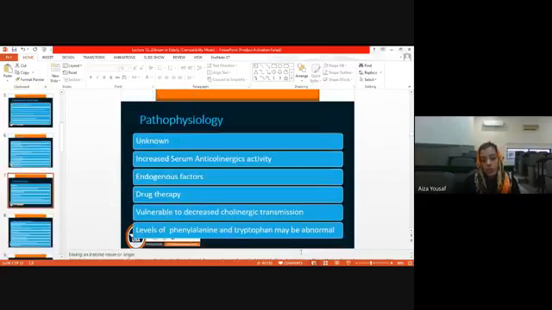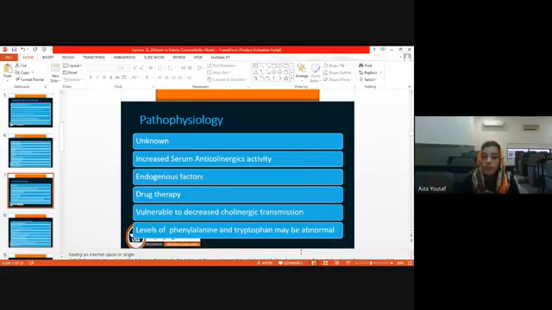Now, what is the pathophysiology of delirium? The pathophysiology of delirium is unknown. Maybe there is increased serum anticholinergic activity. Anticholinergics are the transmitters or chemicals that work against acetylcholine. So when anticholinergics increase, the work of acetylcholine will decrease as the amount of acetylcholine will be reduced.